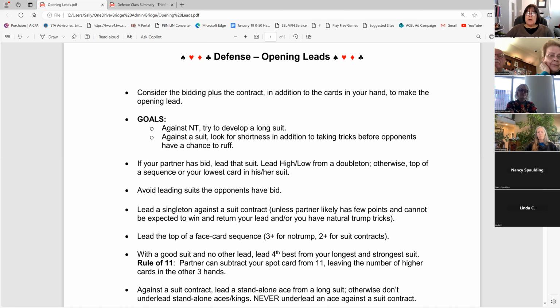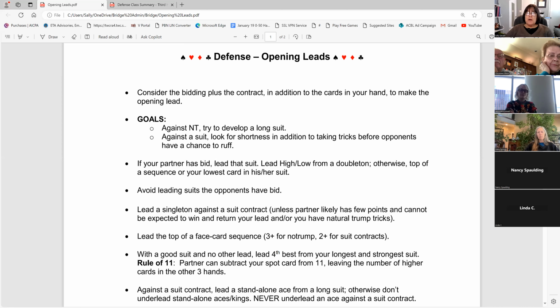If your partner hasn't bid, then we have to lead something else. In general, we avoid leading suits that the opponents have bid because they've already said those are their suits, and so generally we don't lead that. If we do need to lead a suit that the opponents have bid, we will choose to lead one that the dummy has bid rather than that the declarer has bid.